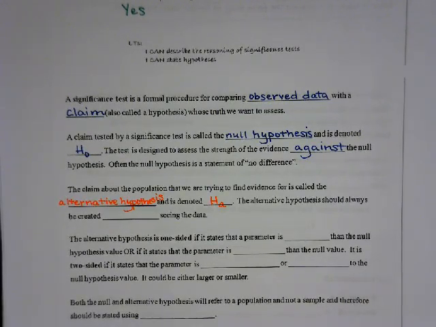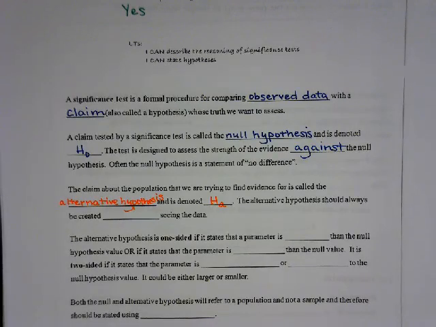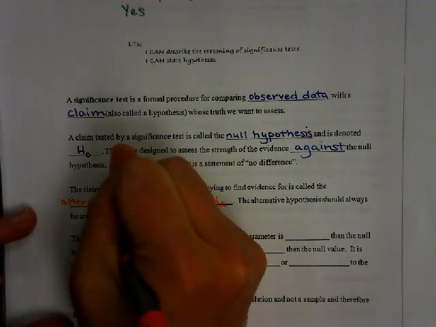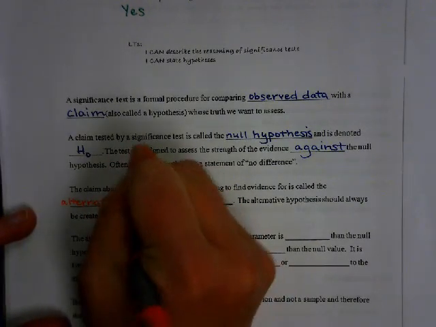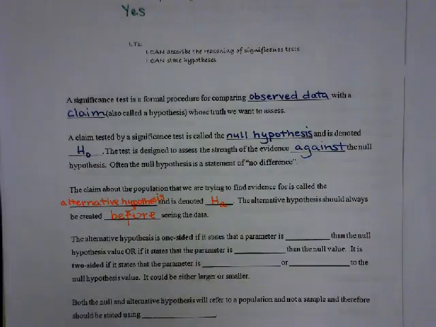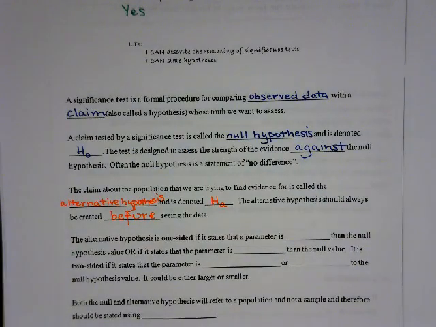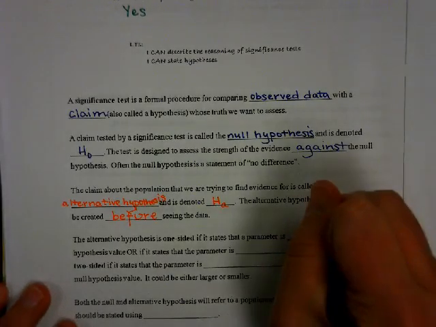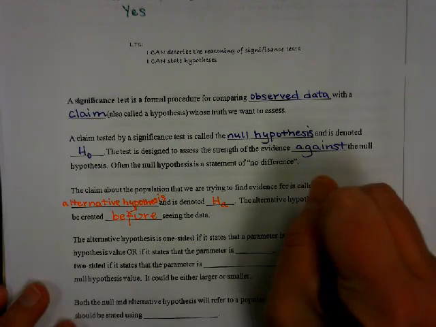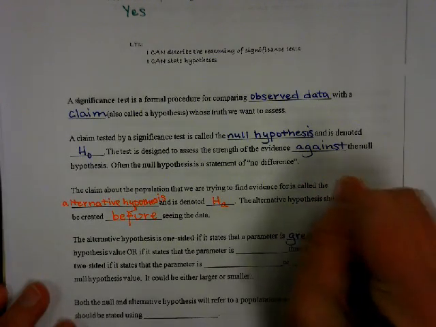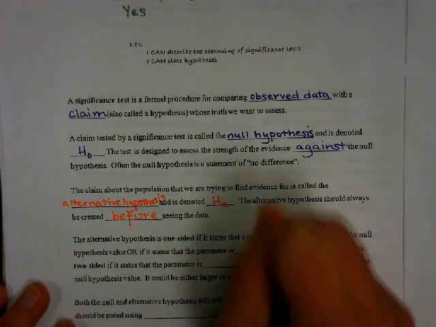The alternative hypothesis should always be created before you see the data. The alternative hypothesis is one-sided if it states that a parameter is greater than the null hypothesis value, or if it states that the parameter is lower.